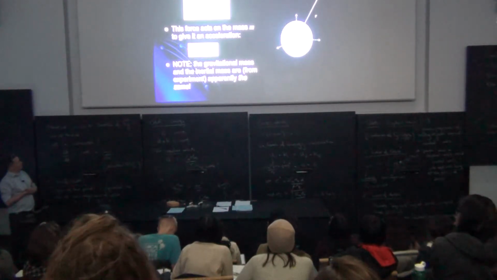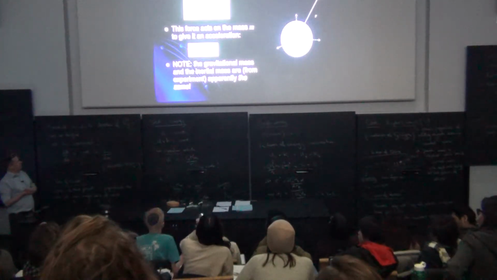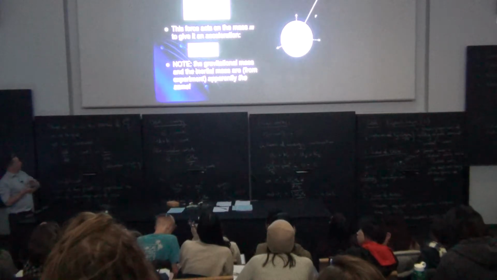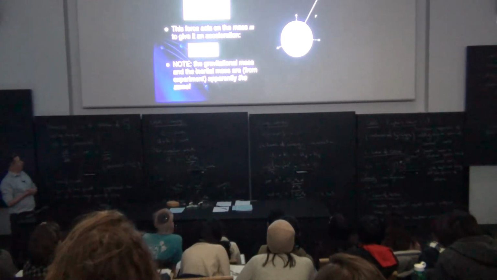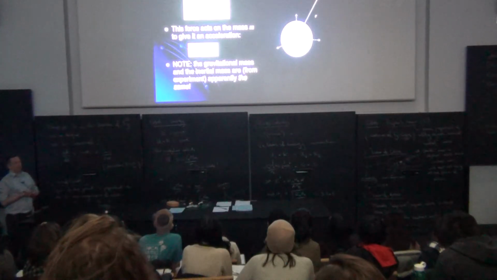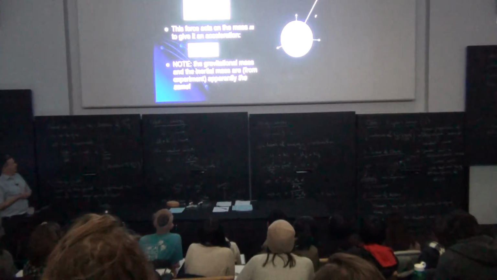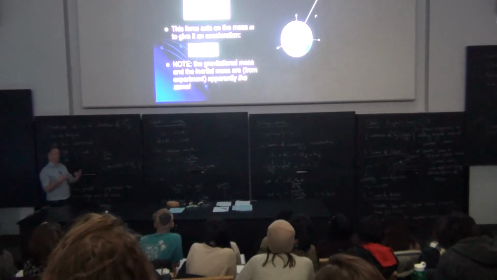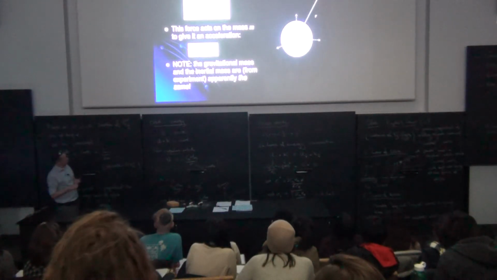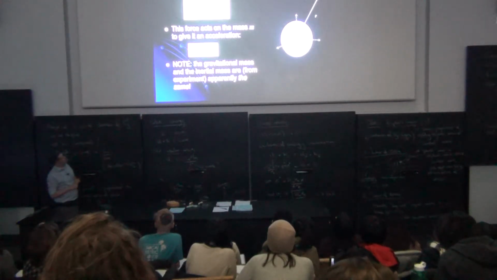If I take F equals ma and divide both sides by acceleration, I get mass equals force over acceleration. It's in this sense that we talk about inertial mass: a measure of an object's resistance to being accelerated when a force is applied to it.